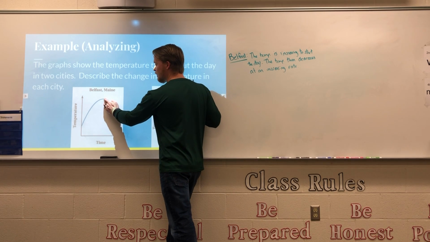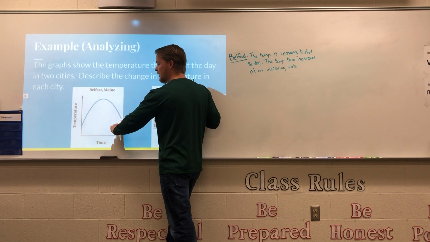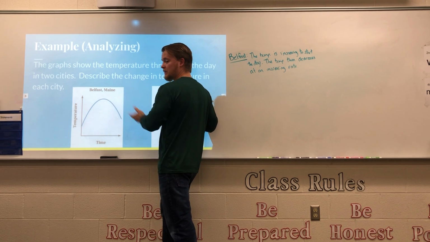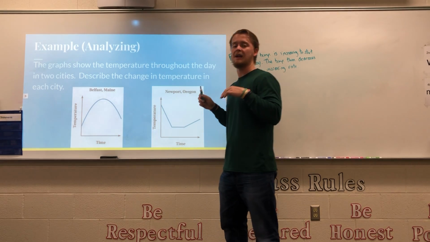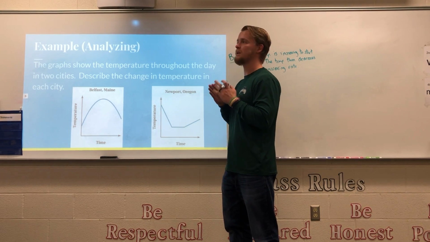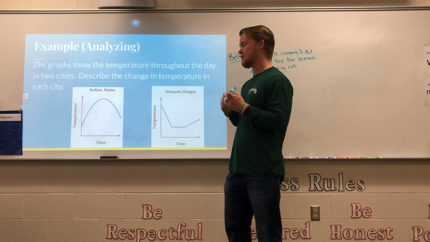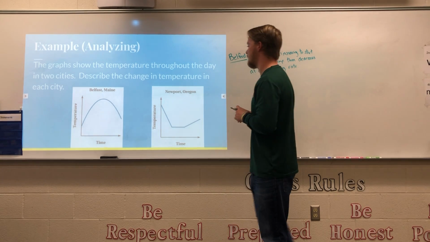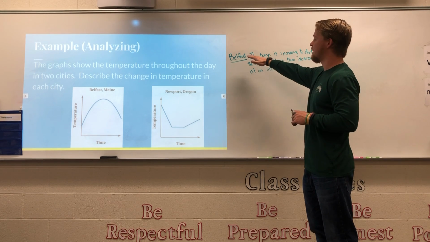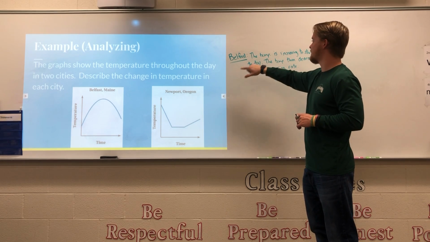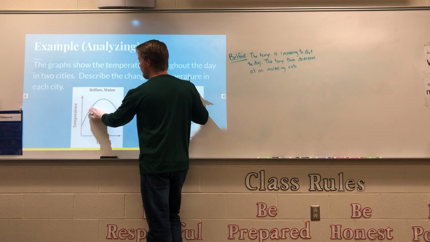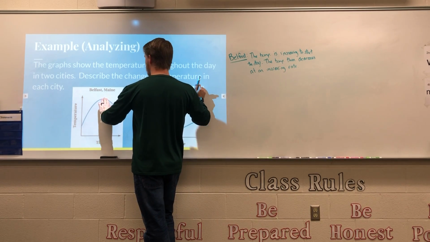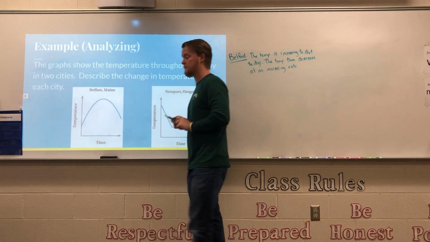It's slowly decreasing, but then it's quicker and quicker decreasing because it's curved. If it was straight, that's when it's constantly decreasing. But since it's curved, it's decreasing at an increasing rate. Again, just to review, Belfast: the temp is increasing to start the day, and then the temp decreases at an increasing rate.